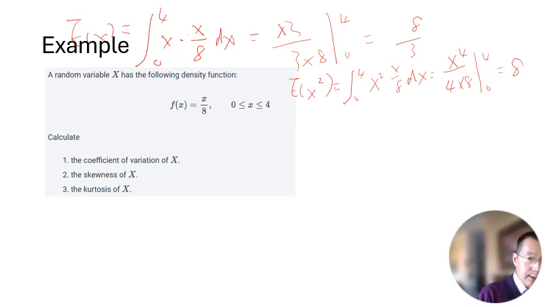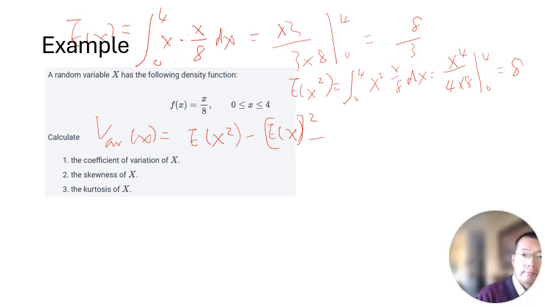Next step will be calculating the variance. Var(X), we know from the formula, is equal to E[X squared] minus E[X] squared, from what we learned earlier, and this square is outside E[X]. So from here we know E[X squared] is 8 minus 8 over 3 squared, so this is equal to 8 over 9.